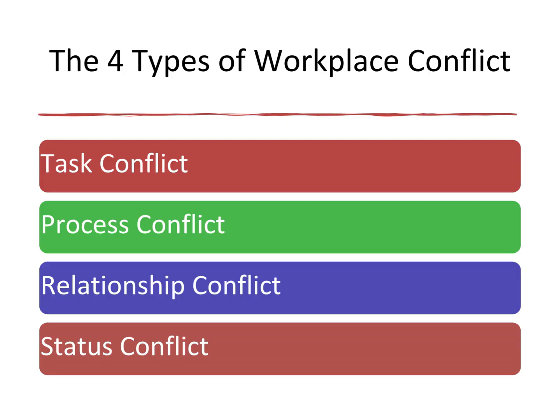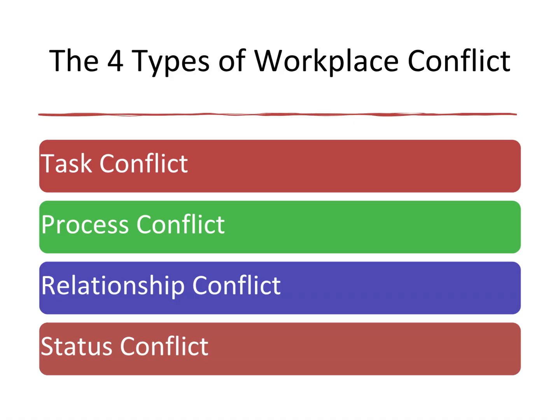First, we have task conflict. This occurs when there are disagreements on how tasks should be completed. It's important to remember that this type can be constructive if managed well, as it can lead to more creative solutions.